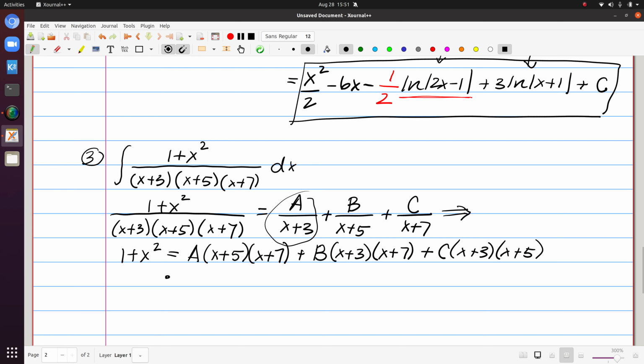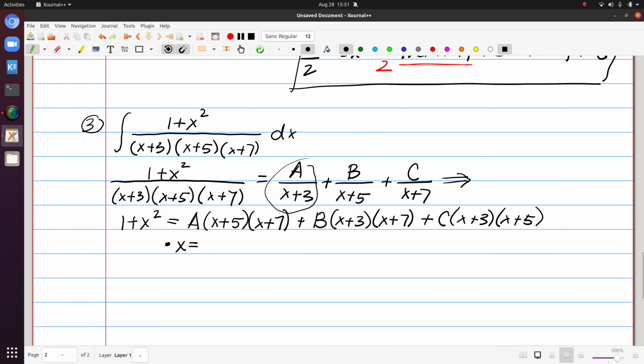There are now 3 roots to the original denominator. One of those is minus 3, one is minus 5, and one is minus 7. So notice that I can once again plug those in. On the left-hand side, 1 plus minus 3 squared is going to give me 10.